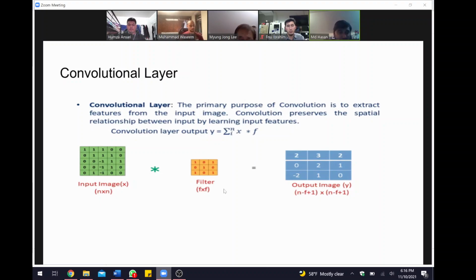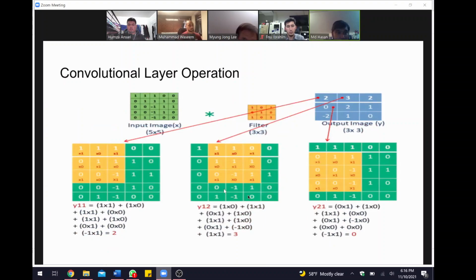So here we use a filter, which is a 3x3 matrix, and our input is a 5x5 matrix, and the output is also a 3x3 matrix. So how does this work? Can you go to the next slide?